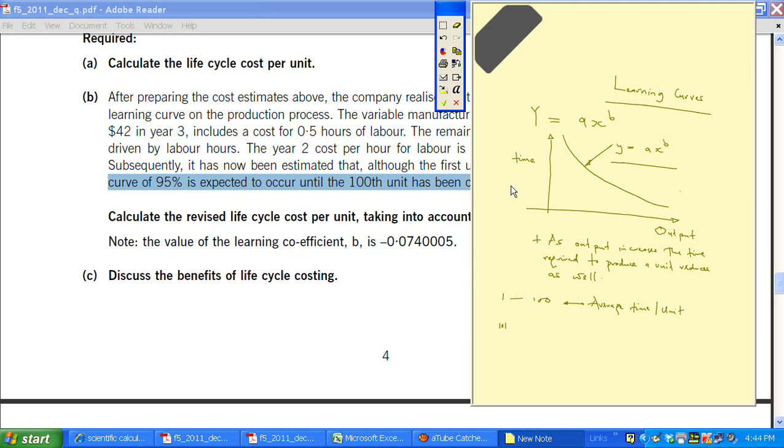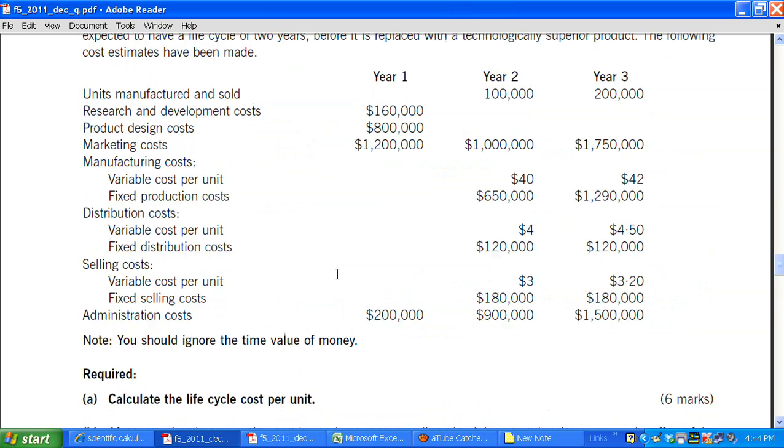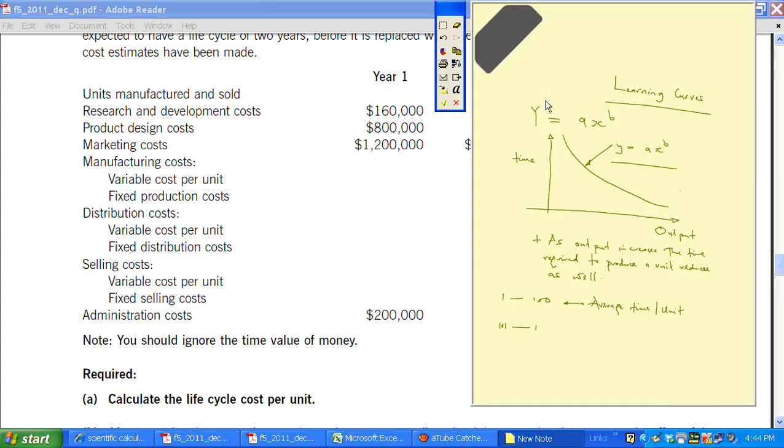Then from 101 to, remember the units made in year 2 were 100,000, so from 101 to 100,000, we also need to get an average time per unit.